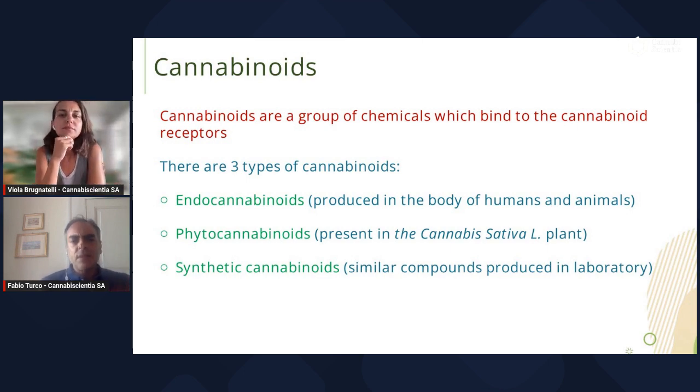Synthetic cannabinoids were produced to be used for medical purposes, but they are not very much used for this reason, because they are associated with a wide range of side effects, including the induction of psychosis, cardiovascular problems, and so on. But they are a very useful tool for research purposes, and they also have limited application for medical conditions.